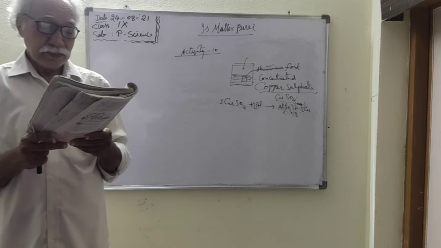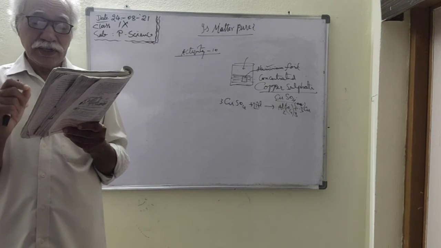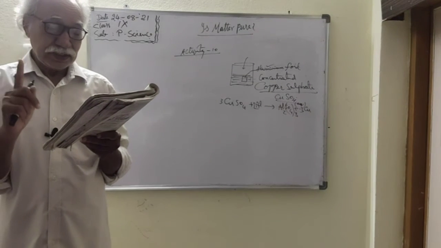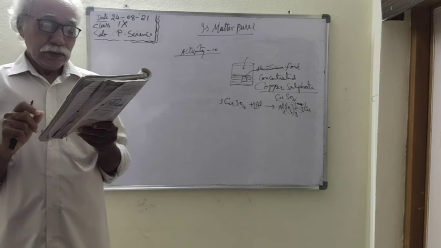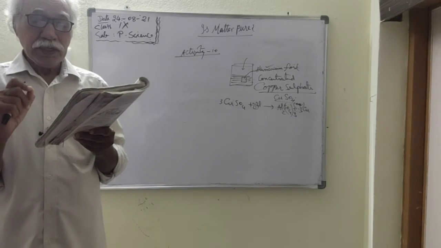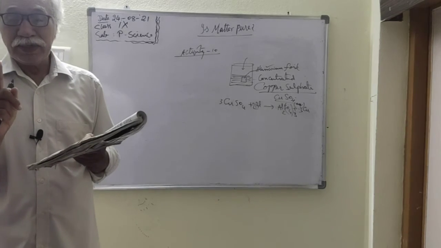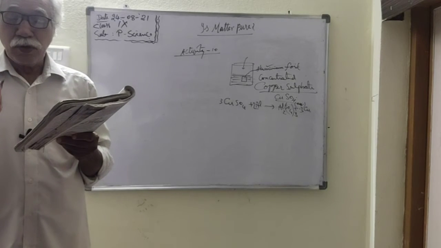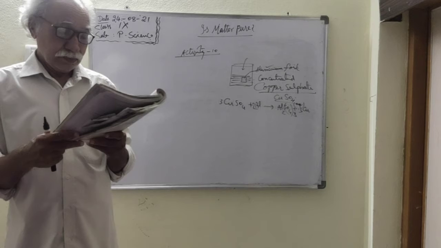What did he say, how did he define it? He defined an element as a basic form of matter that cannot be broken down into simple substances by chemical reactions.